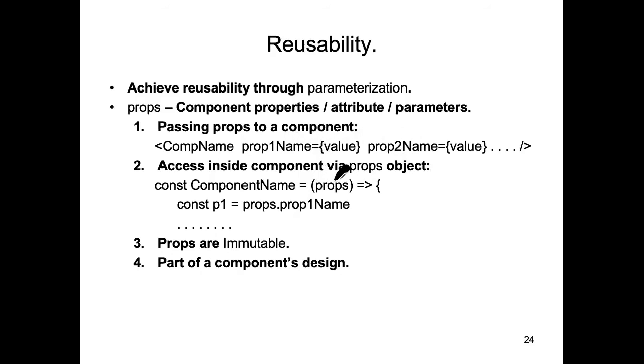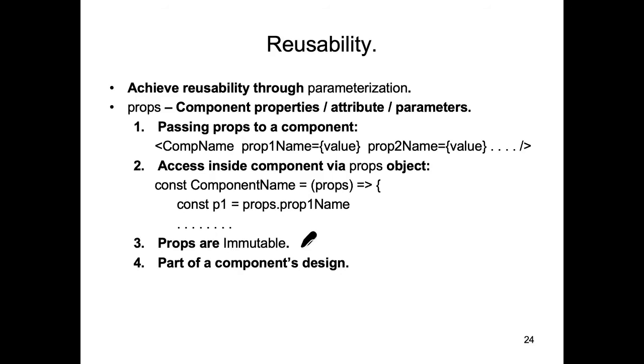So this props object is constructed dynamically at runtime, because obviously every time we use our component, the prop names will be the same, but the values will be different. And then we dereference the keys inside the object in the normal JavaScript way, in this case, the dot syntax, to get at the particular value and do whatever you want to with it.